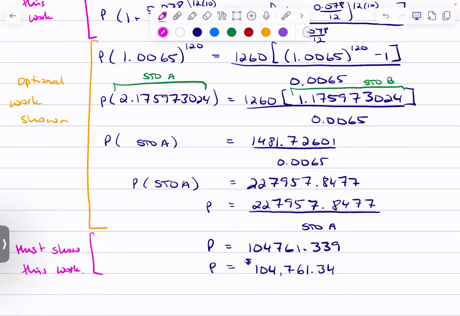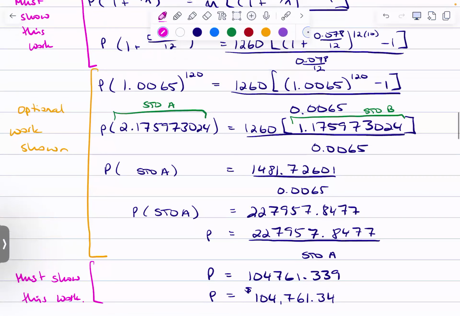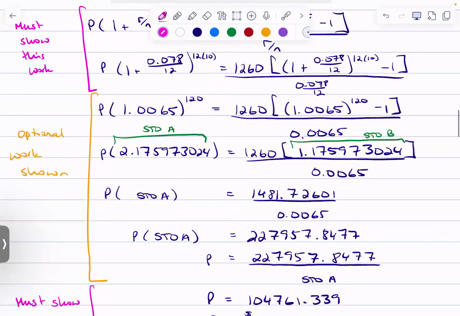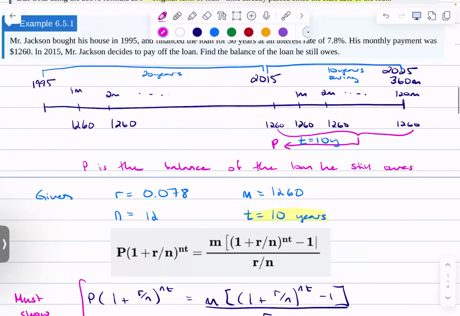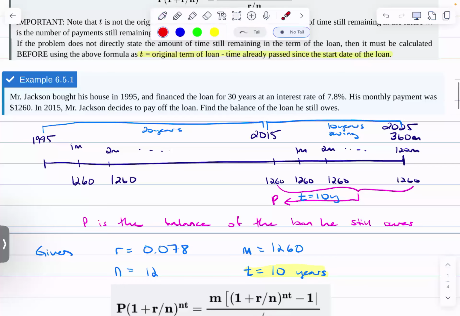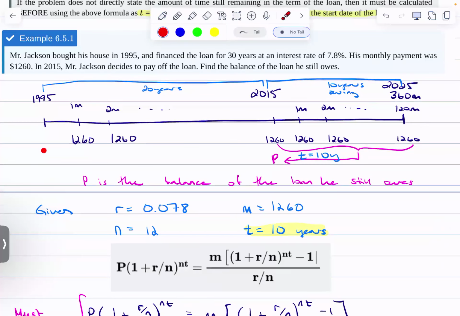Good. Do you think you could figure out how much he bought his house for in 1995? Probably a lot less than now, though. What would that be? That would be the present value of all these payments, right?